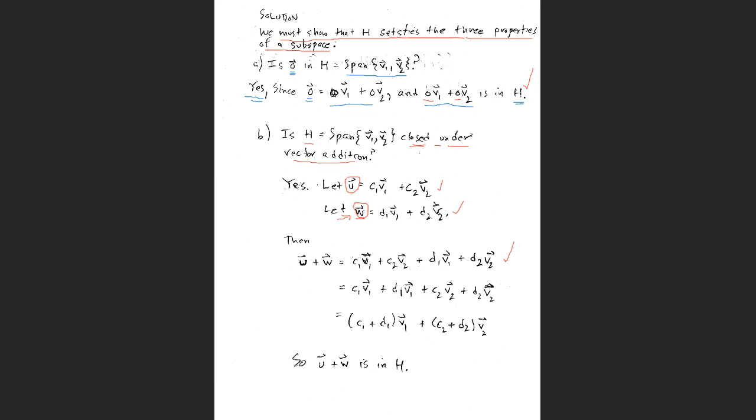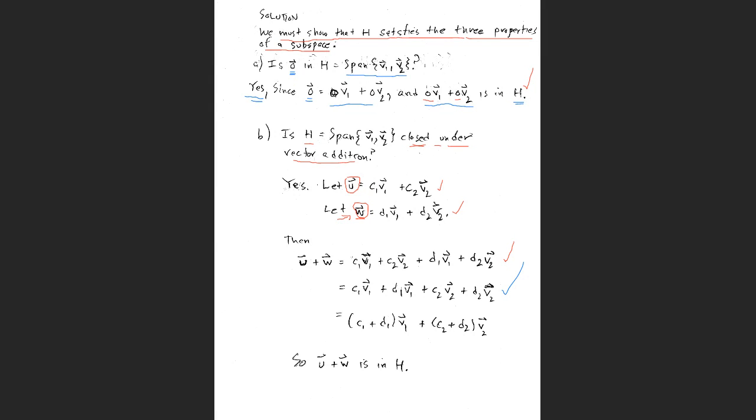Now we can rewrite this summation. We can just reorder the sum, so u plus w is c1 v1 plus d1 v1 plus c2 v2 plus d2 v2.